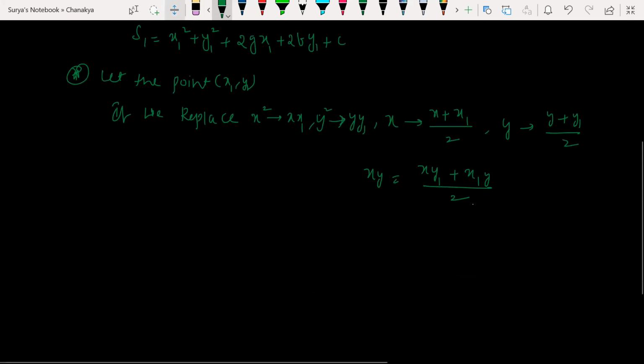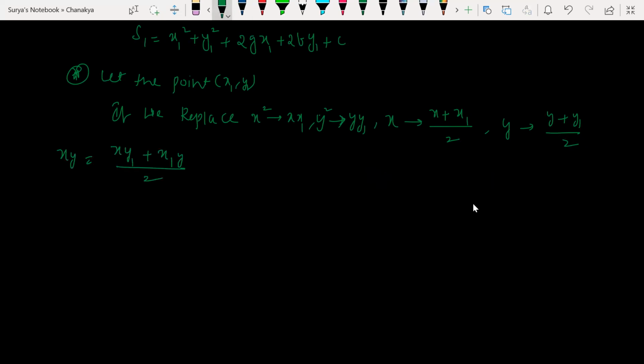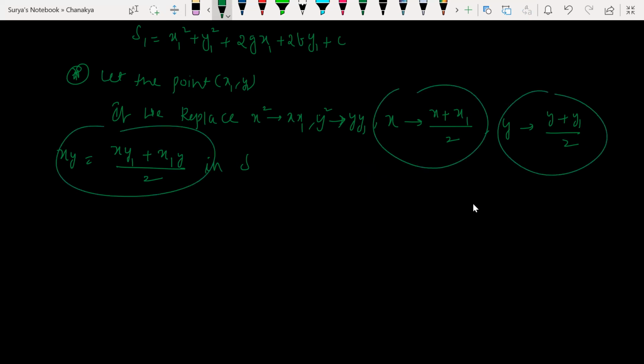So if I just substitute all this in S, what would I get? x into x1 plus y into y1 plus 2g into (x plus x1 by 2) plus 2f into (y plus y1 by 2) plus c.